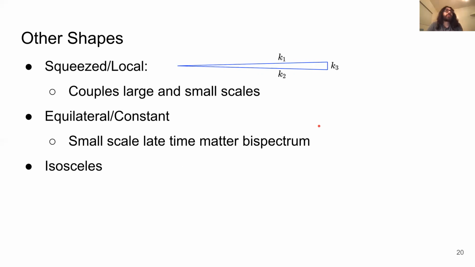Other shapes include equilateral or constant shapes. So this is where you take equilateral triangles, so K1 equals K2 equals K3. And you can also use isosceles triangles.